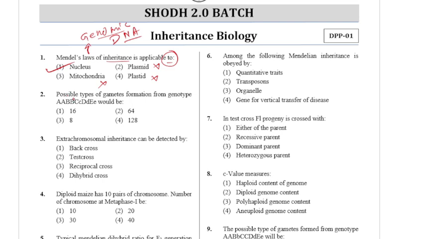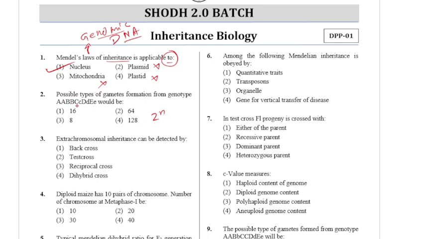Question number 2. Possible types of gametes formed from genotype AA, BB, Cc, Dd, Ee. Okay, so we know the possible types of gametes formed from a genotype follow a formula, 2 to the power n, where n is the number of heterozygous pairs.